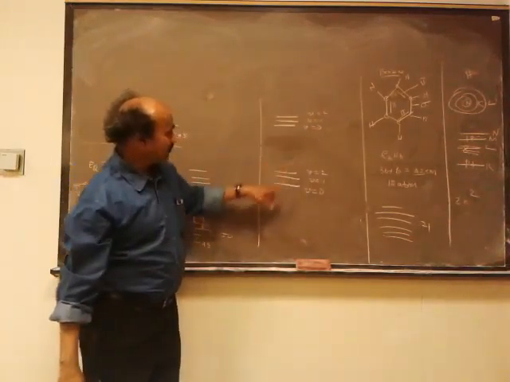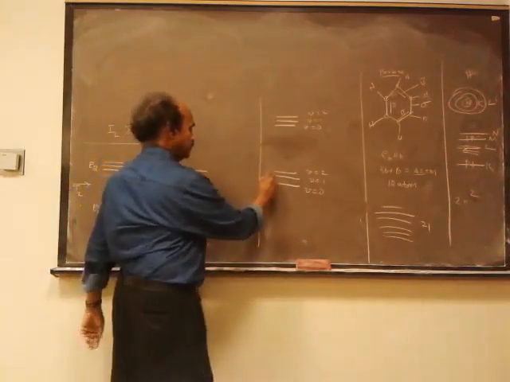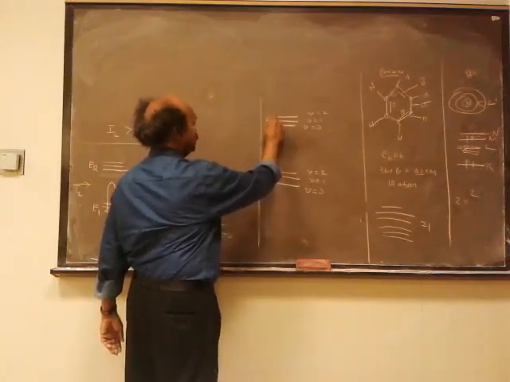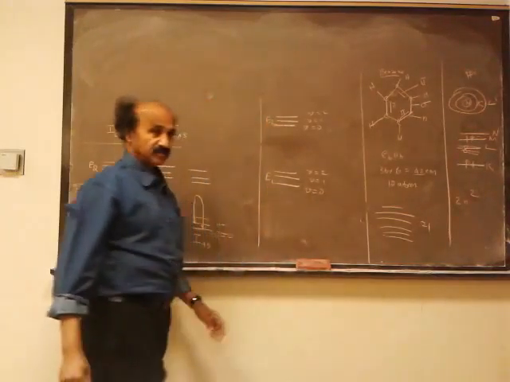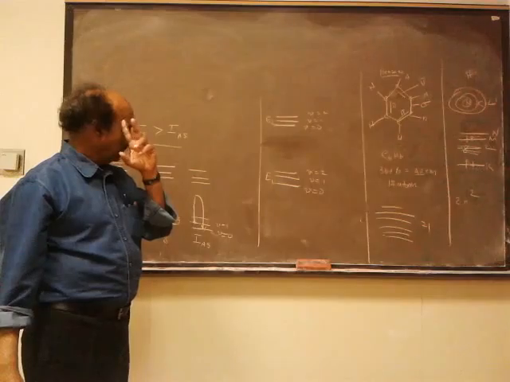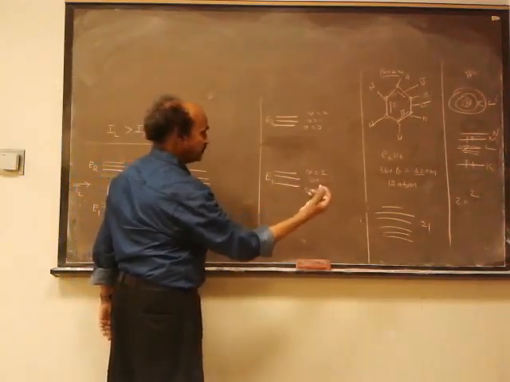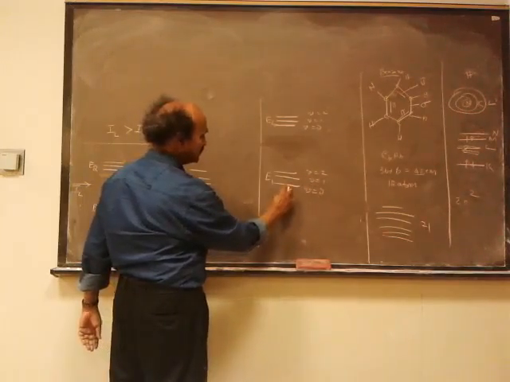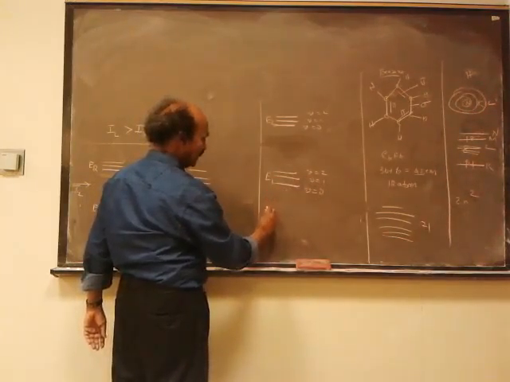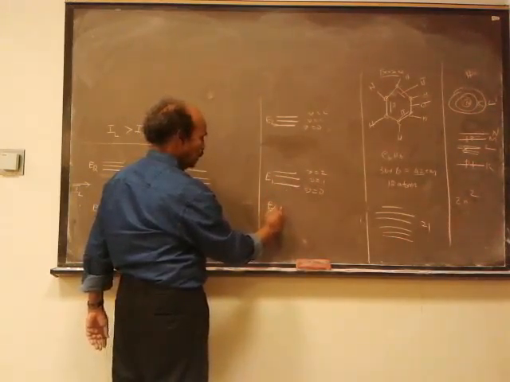These are electronic energy levels, so I call them E1, E2. These are vibration energy levels. Then let me calculate the population, or the number of molecules in this level, in this level, in this level.